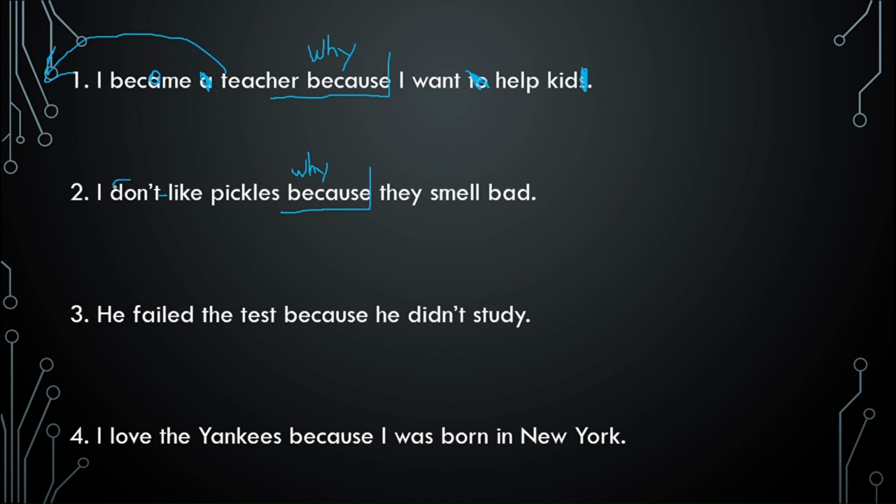So don't like will go right before why. Make sure you take off the S in pickles. And if I could type it out right now, I would. But the question part would be pickle, I don't like, why?